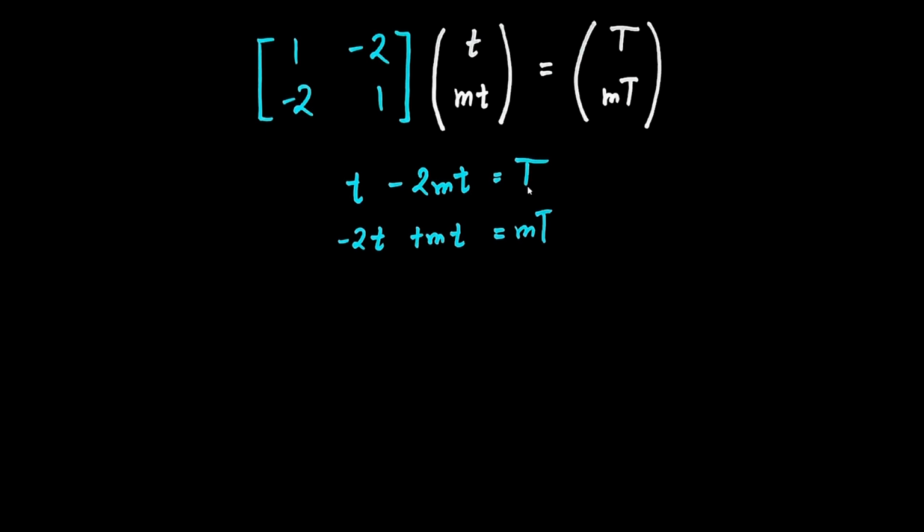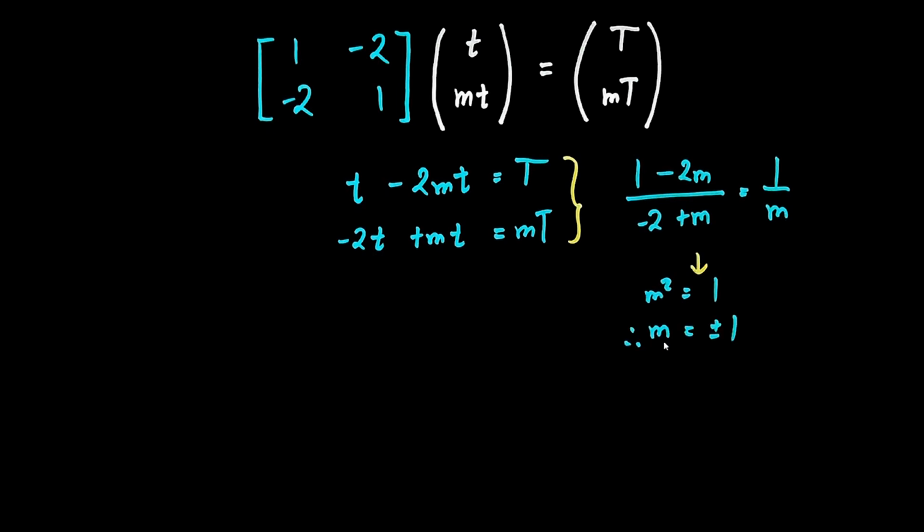So what we do now is divide the first equation by the second equation, and then we get only one equation, which is 1 minus 2m over minus 2 plus m equals 1 by m, and then this simplifies to m squared equals 1, and we get m equals plus or minus 1. So we do get a value for m. Therefore, the coordinate 0, 0 wasn't our answer, but rather this is.